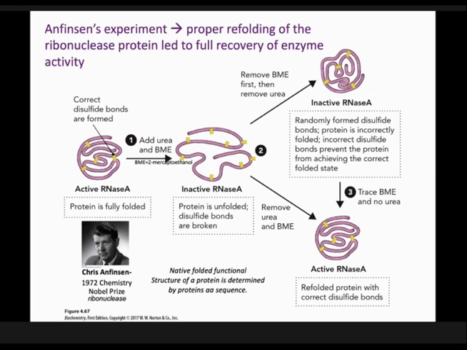However, when they were able to put those disulfide bonds back together, the enzyme was able to be active again. And basically the whole thing here, and he won the Nobel Prize, is because he discovered that if you don't disrupt the amino acid, the primary structure, your protein can be active again.